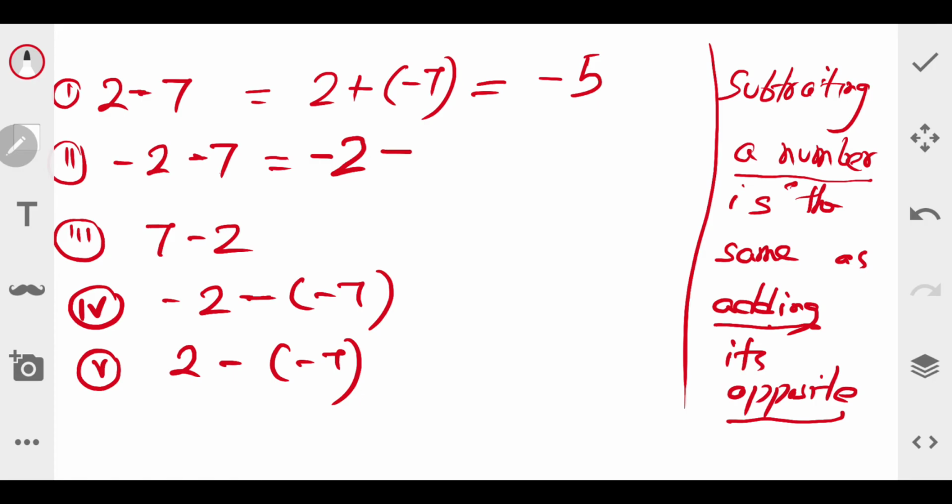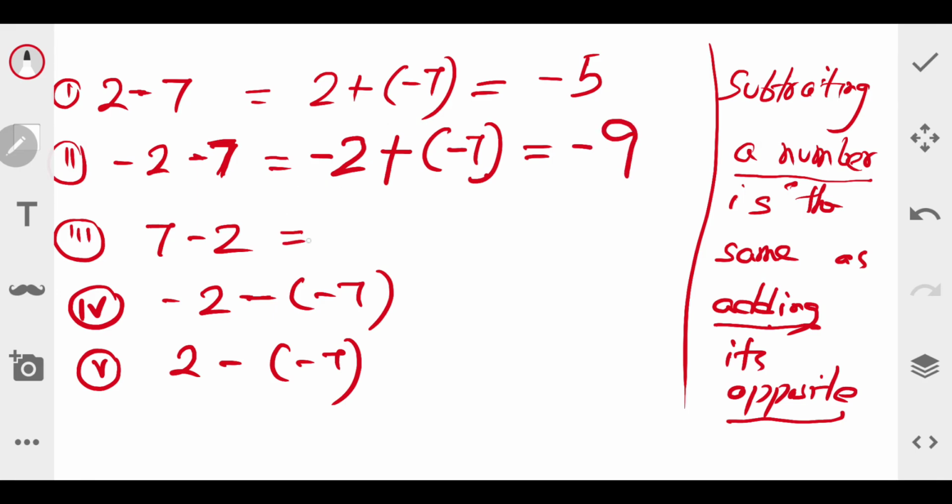Subtraction becomes addition. And the number that we are subtracting, 7, will become -7. So you owe $2 and you owe another $7. How much are you going to owe? You're going to owe $9, right?